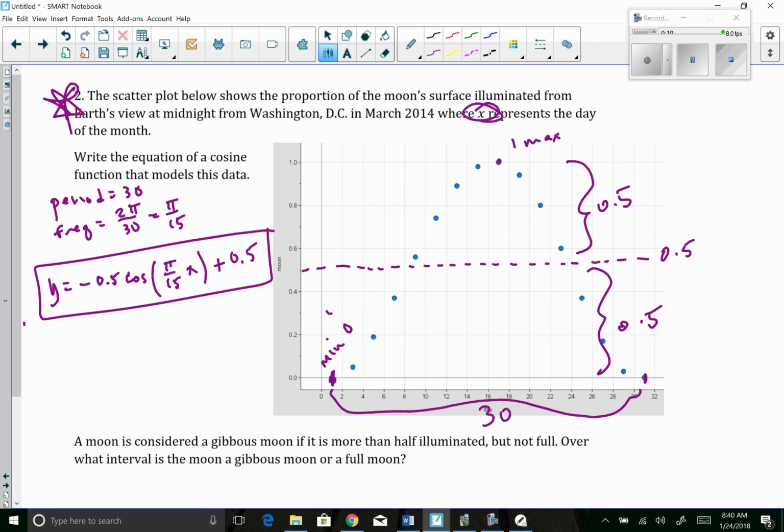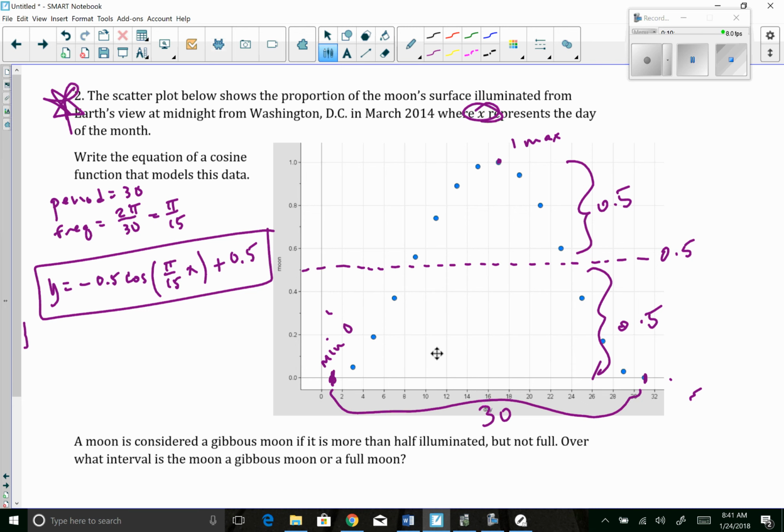It then says a moon is considered a gibbous moon if more than half of it is illuminated. So since the y-axis represents the amount of illumination on the moon, we're trying to figure out the period of time where the moon is going to be illuminated. So if I take 30 and cut it into equal parts, I'm going to go halfway at 15.